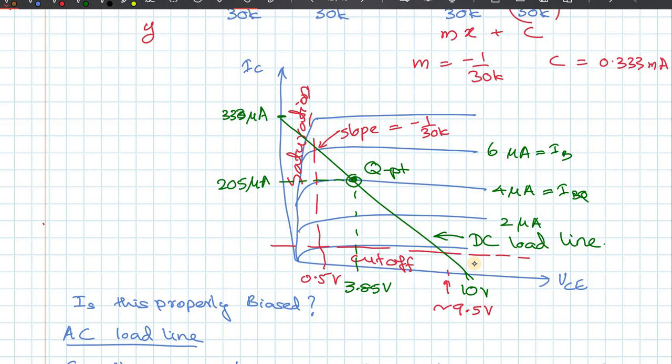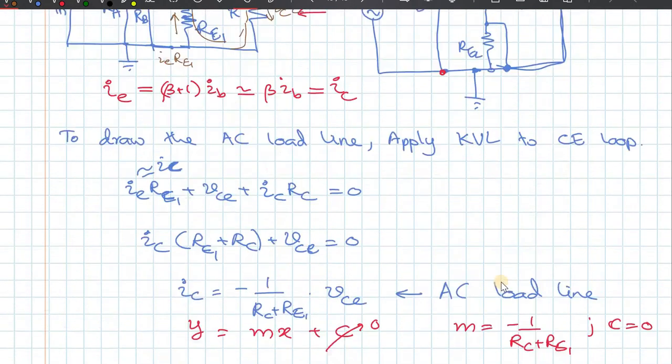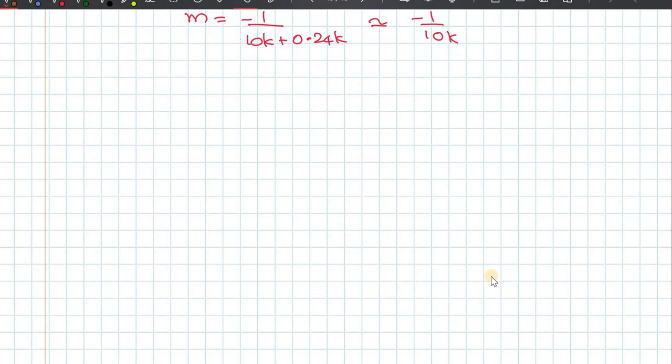so let me draw this again to make it more clear. Okay, so let me draw the load line again. Now this time I am going to call it VCE, which is AC and DC both, and IC.